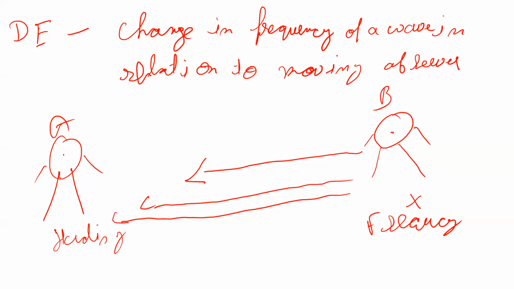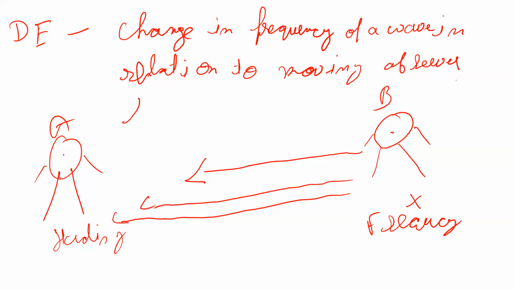It is how loud you are speaking as we move towards the user. Same thing with the frequency. As we move towards or away from the transmitter, there is a Doppler effect. There is a change in the frequency as compared to the observer moving towards or away from the transmitter.